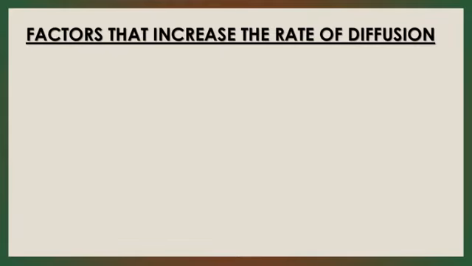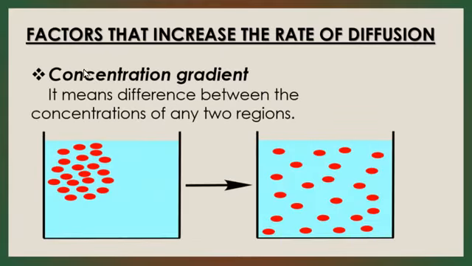So let's take the first one. We have what we call concentration gradient. Yes, this is a technical word, but you can understand it. It means difference between the concentrations of any two regions. The difference between the concentrations of any two regions can affect the rate at which molecules or particles will spread from one region to another region.